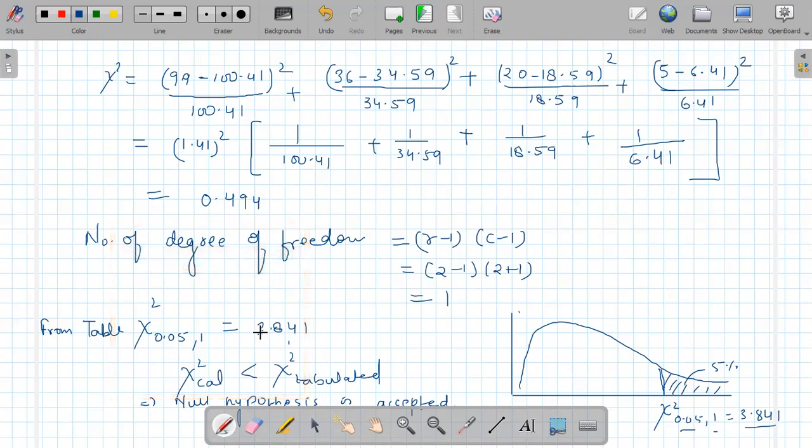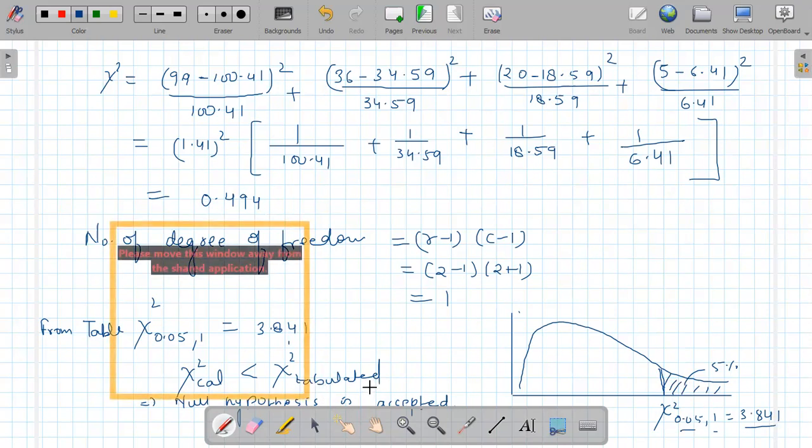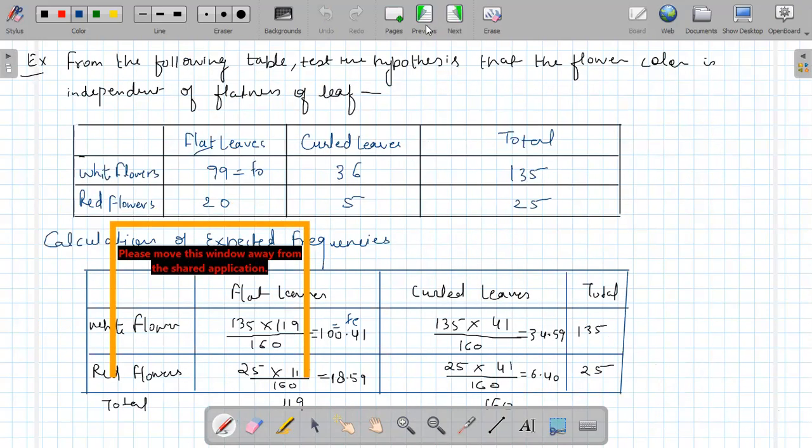You can see that this 0.494, which is the calculated value, is less than the tabulated value of chi-square. So the null hypothesis is accepted. It means we can say that flower color is independent of flatness of leaf.